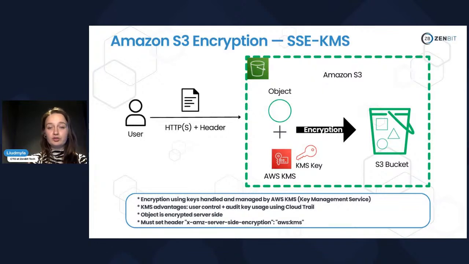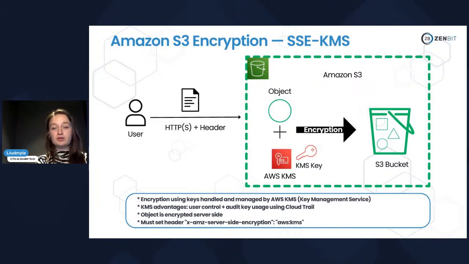What is unique for this type of encryption? Encryption using keys handled and managed by AWS KMS, of course. KMS advantage is user control, and you can audit key usage using CloudTrail. So you can see when anybody uses your key in the CloudTrail logs.